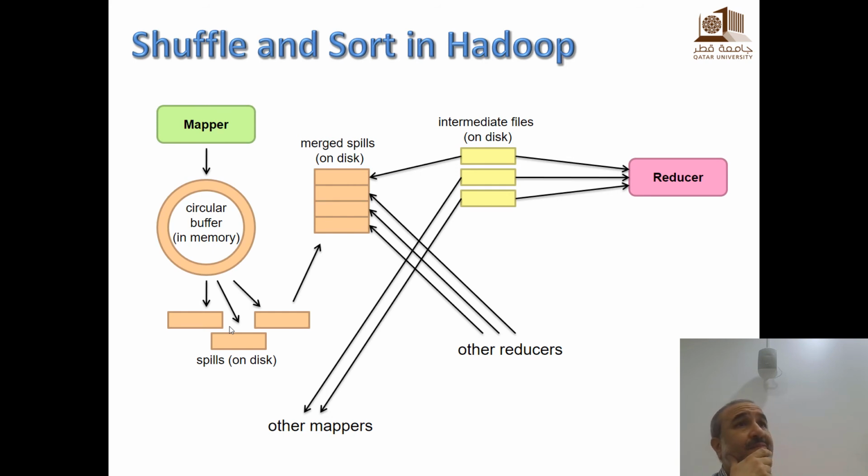Is it spilled by Hadoop or by the operating system? Does it go to virtual memory or to the DFS? It doesn't go to the DFS. That's exactly what I'm saying. It spills locally. It spills into virtual memory.